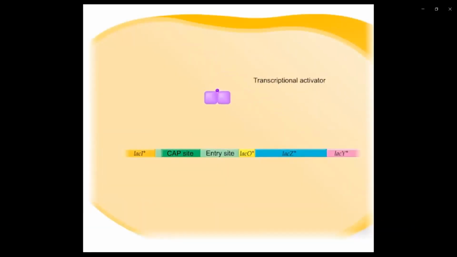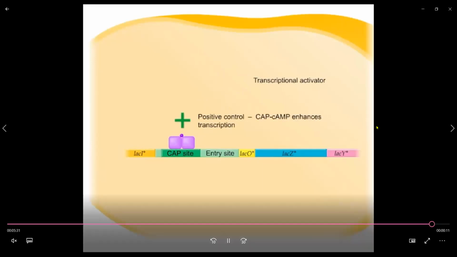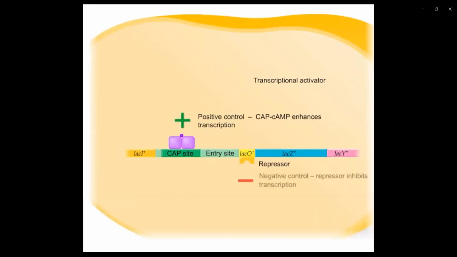So the catabolite activator protein and the CAP-CAM complex is a transcriptional activator. Why is it called positive control? Because binding of the CAP-CAM complex enhances the transcription of the mRNA.